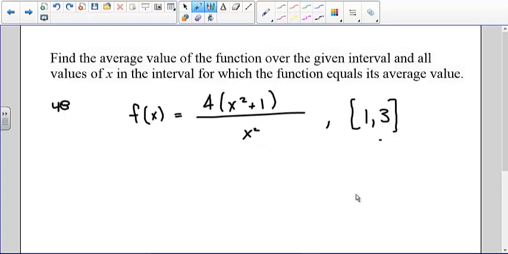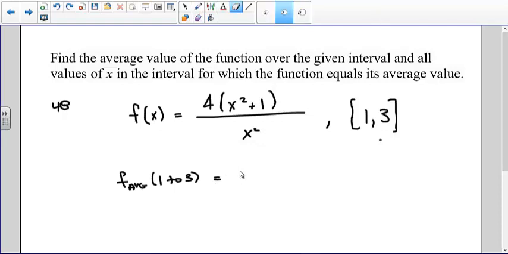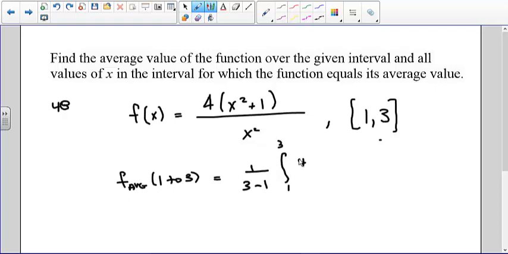So f average from 1 to 3 is going to be equal to 1 over 3 minus 1 times the integral from 1 to 3 of 4 times x squared plus 1 over x squared dx. So this is the limits of integration, but it's also what we divide by.